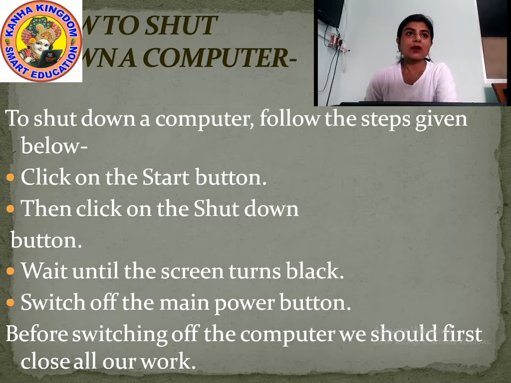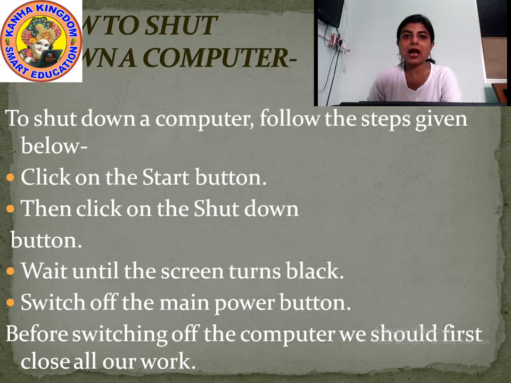First, click on the start button. After clicking on it, you will get the option to shut down. Then click on the shutdown button and wait until the screen turns black.